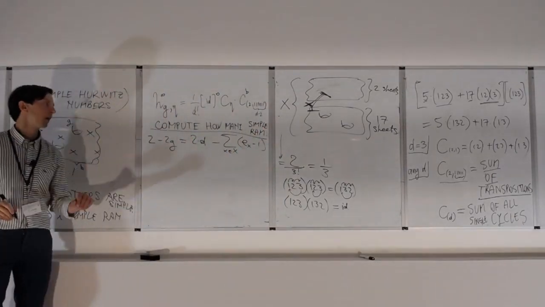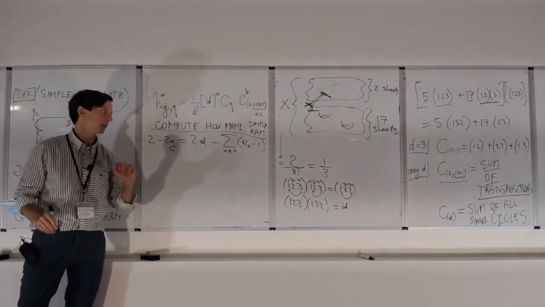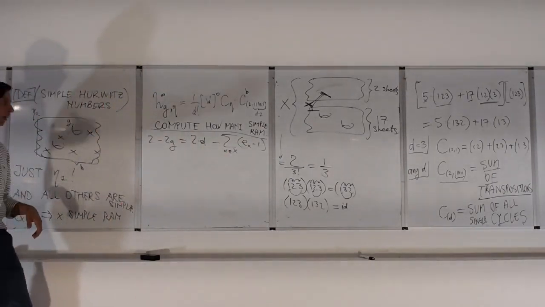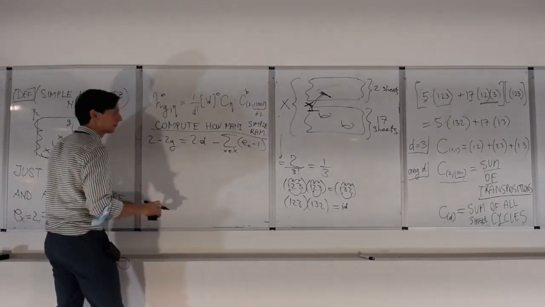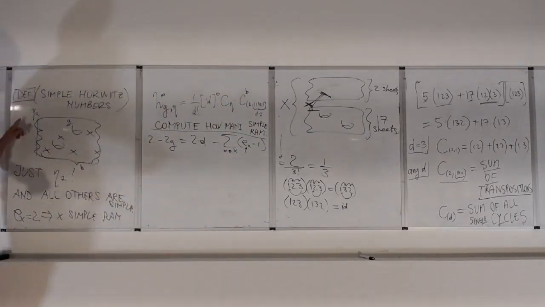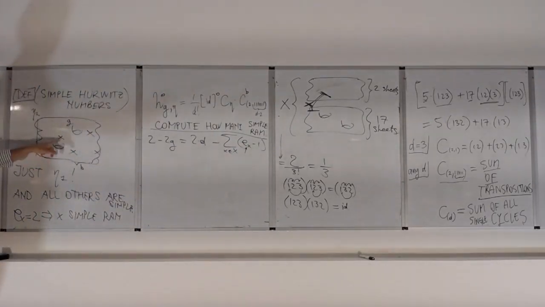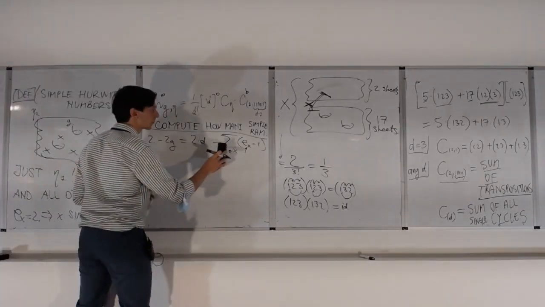Okay, so 2 minus 2g is equal to twice the degree minus the defect. But now let me split it. What is this defect? Either I take stuff from my eta, or I take stuff from the simple ones. So I can split the sum.